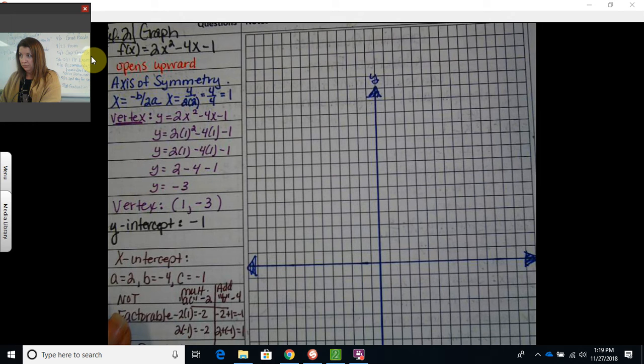We know this is going to open upwards, but we don't do anything with that, just knowledge.